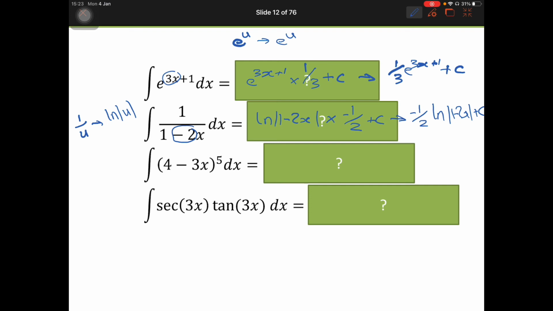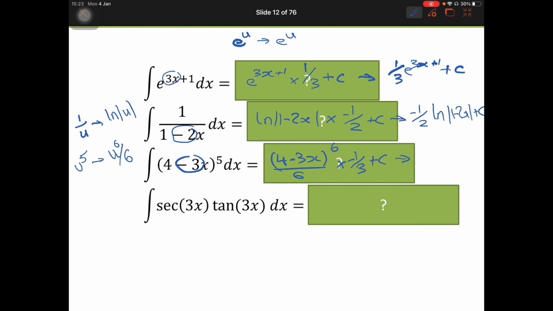So again, I'm going to pretend this is u to the power of 5. Add 1 to the power, divide by the new power, u to the 6 over 6. So this must become 4 minus 3x to the 6 over 6. But again, my minus 3, so I times by minus a third, and then I've got my constant.